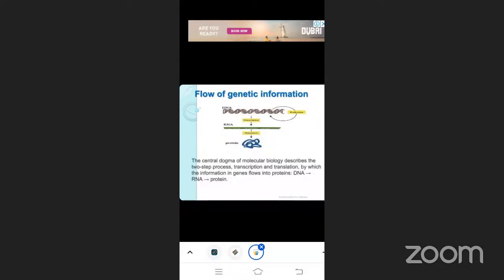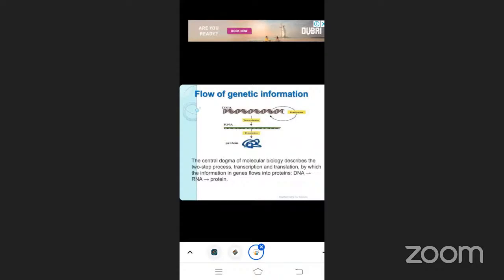Good afternoon, everybody. Now we discuss the genetic code and protein synthesis. So here, genetic code and protein synthesis, that is the central dogma of molecular biology, which starts with the genetic information from the DNA to RNA.